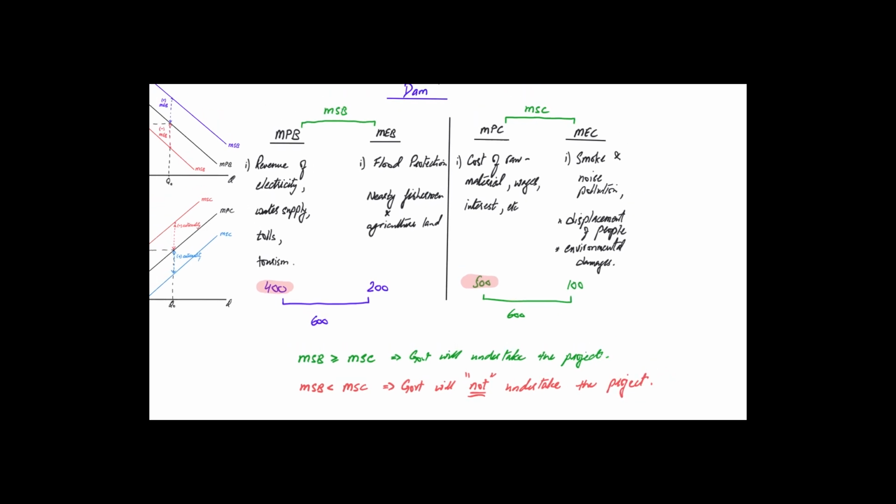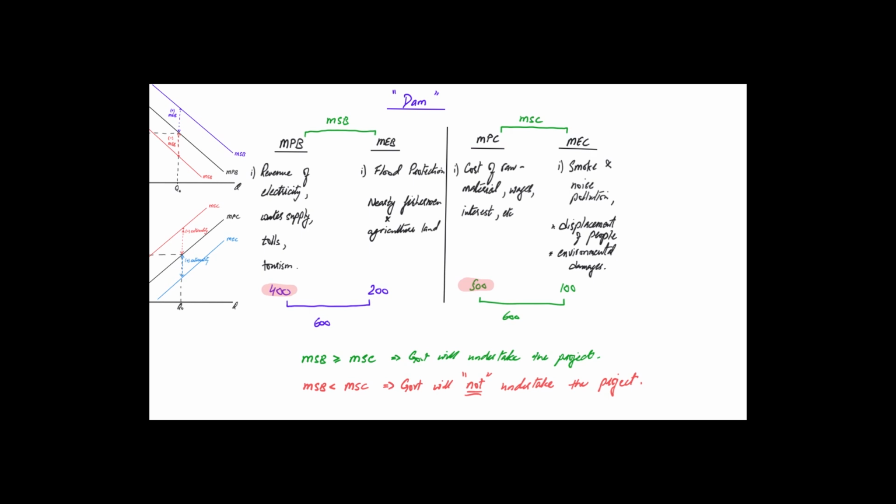So let me conclude the idea. If it was about private benefit and private cost and the intersection, then the markets are working efficiently. But now we're saying that markets do not take externalities into consideration, so they're not looking at the bigger picture of social benefits and social costs.